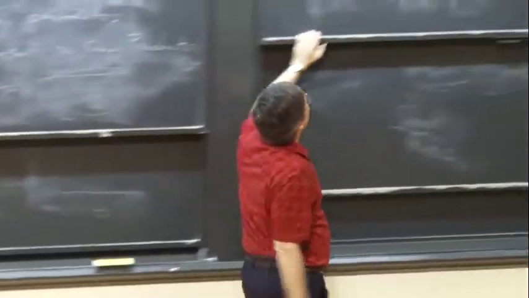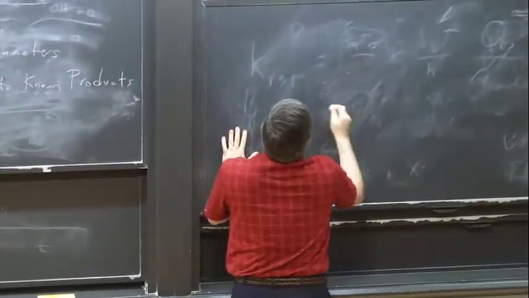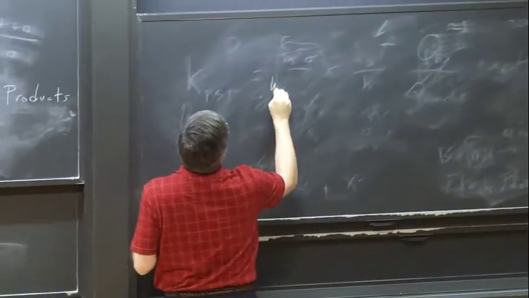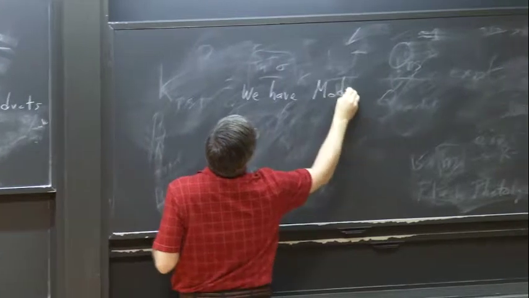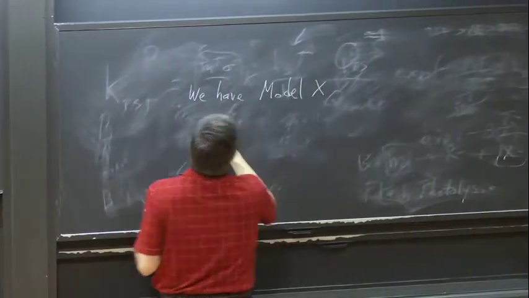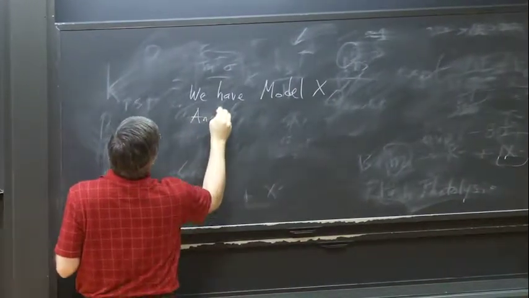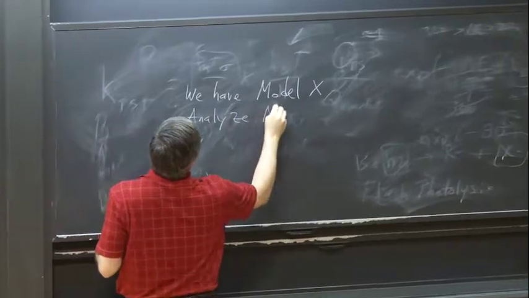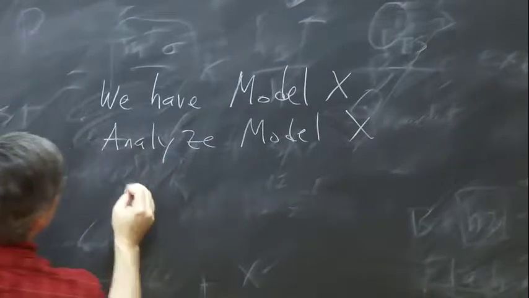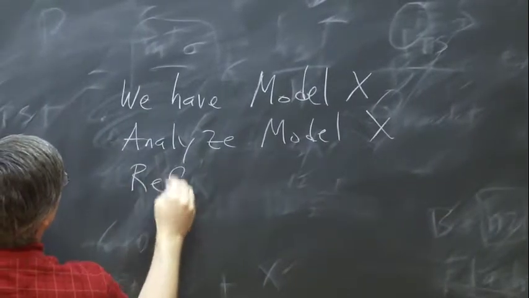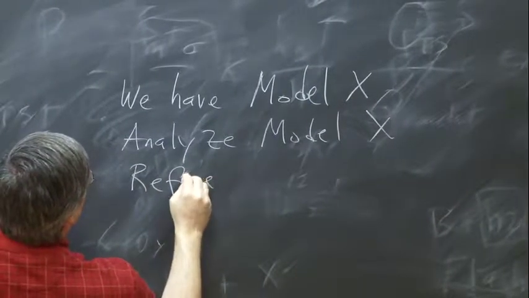The inner loop here is: we have a model, I'll call it model X. We analyze model X, and we refine the sensitive parameters.